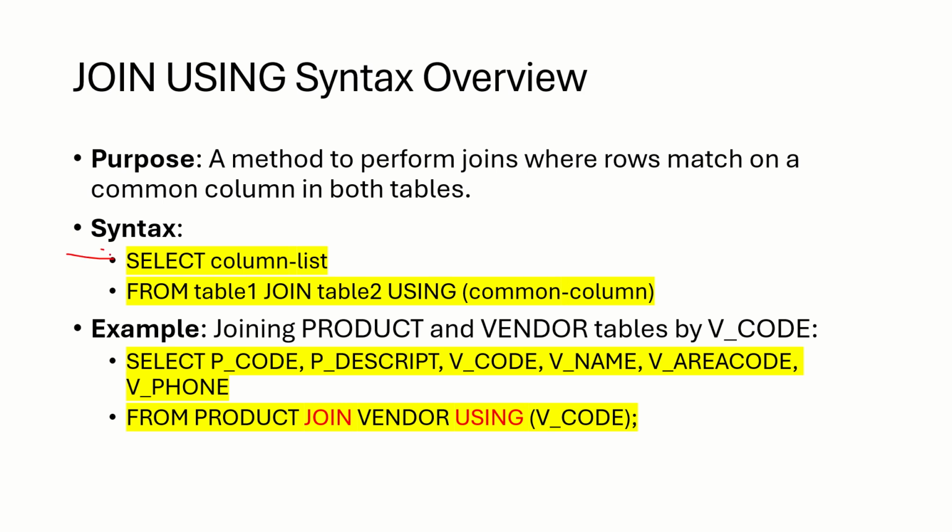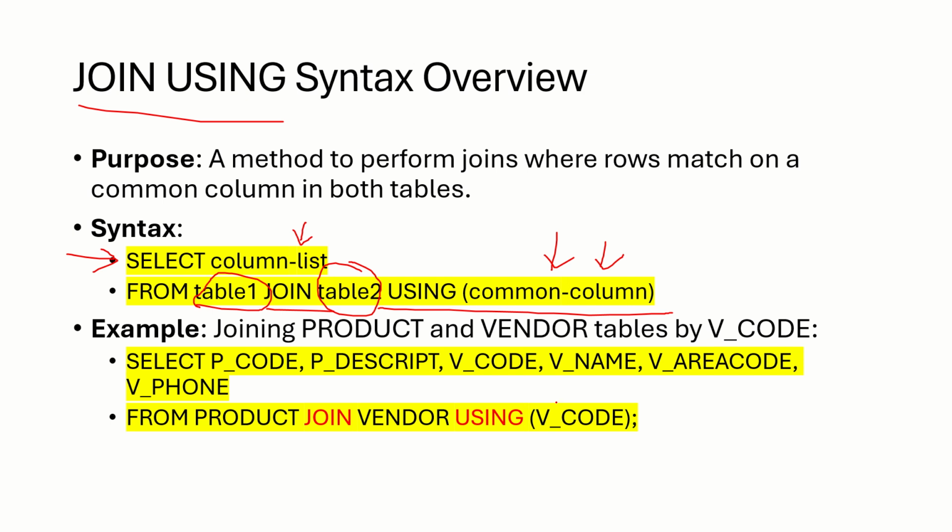So this is the syntax. We have the SELECT, making sure you include the columns you want, and FROM, which is one table. JOIN another table, and USING which column is shared. In this case with JOIN USING, you have to make sure your column has the same name.